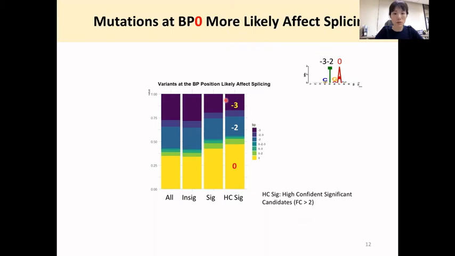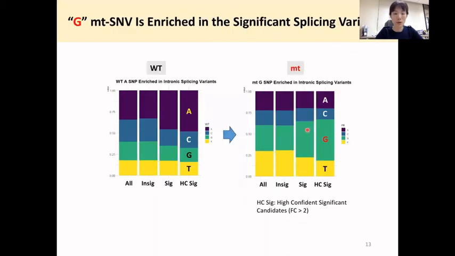And the -3 position mutations are more depleted in the highly significant candidates, suggesting the 0 position has strongest effect on splicing. And also, we see this is more likely an A to G mutation. The wild type is more likely to be an A in the significant candidates, and it's more likely to be a mutant G for the significant mutations.